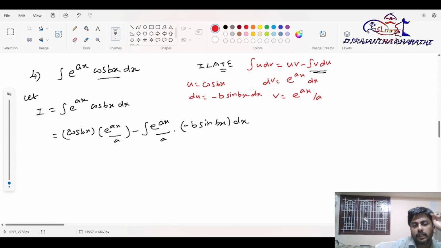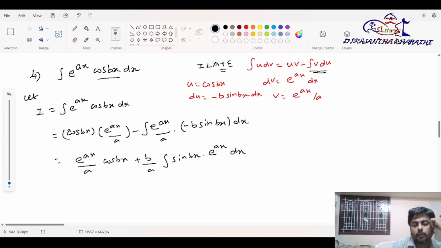Don't forget to put dx. Now you are having e power ax by a into cos bx plus b by a into integral sin bx into e power ax dx.